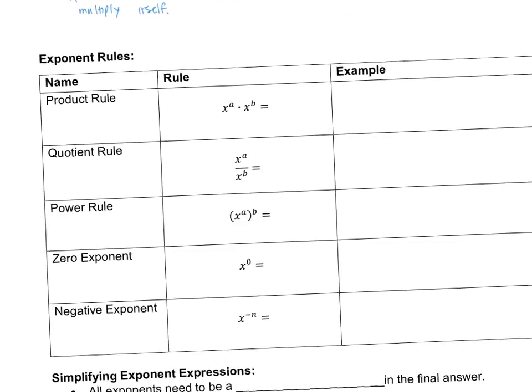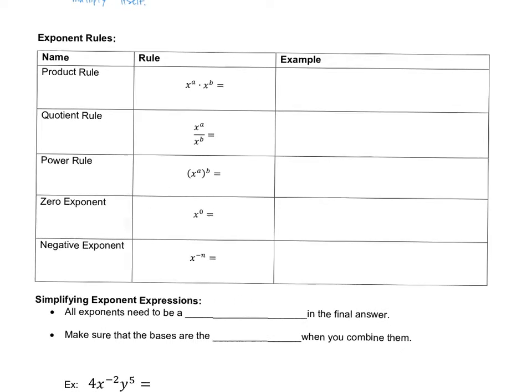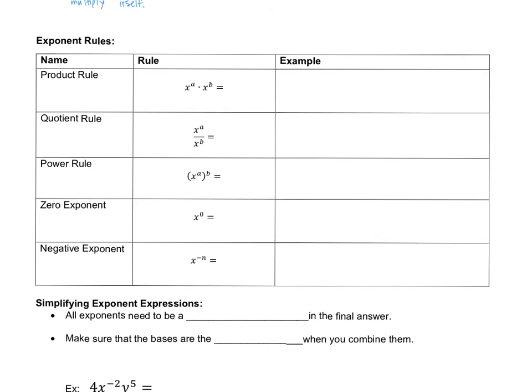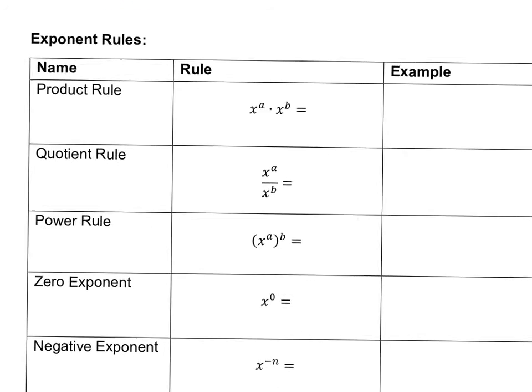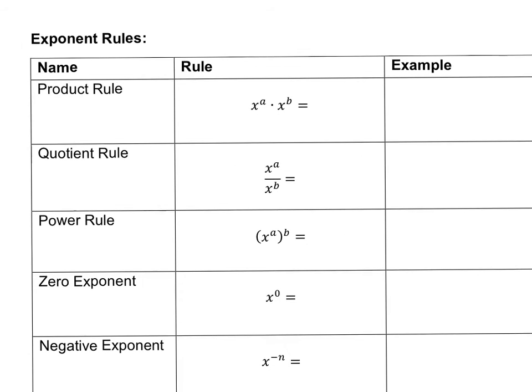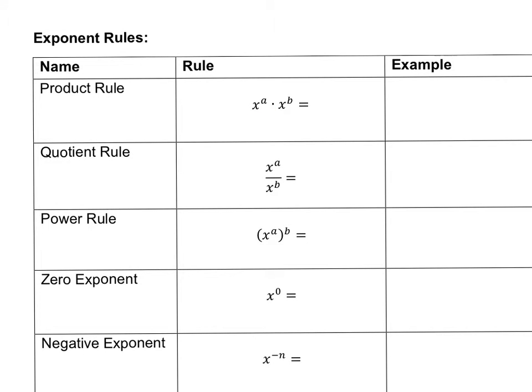Now, there are some rules that we need to talk about when it comes to exponents, and there are about 5 main rules that we need to understand. So first, we already kind of know the product rule. It's the idea that if both x's, or both bases, are the same, then you can add the exponents. So exactly what we were talking about before.